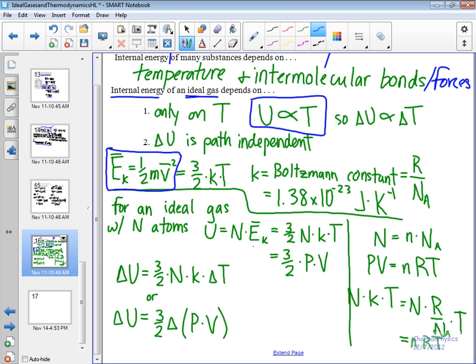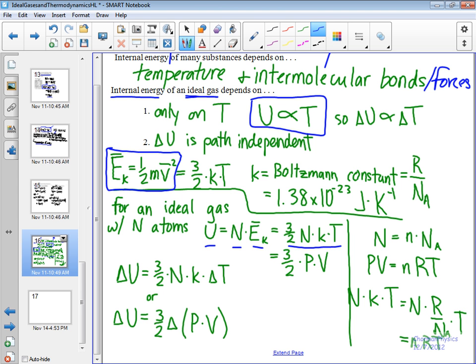In other words, if we take the average kinetic energy and multiply it by the number of molecules in our system, that's equal to the total internal energy of our system. And we just said here that the average kinetic energy of each molecule is 3/2 kT, multiply that times N, and we see something very, very interesting appear here.